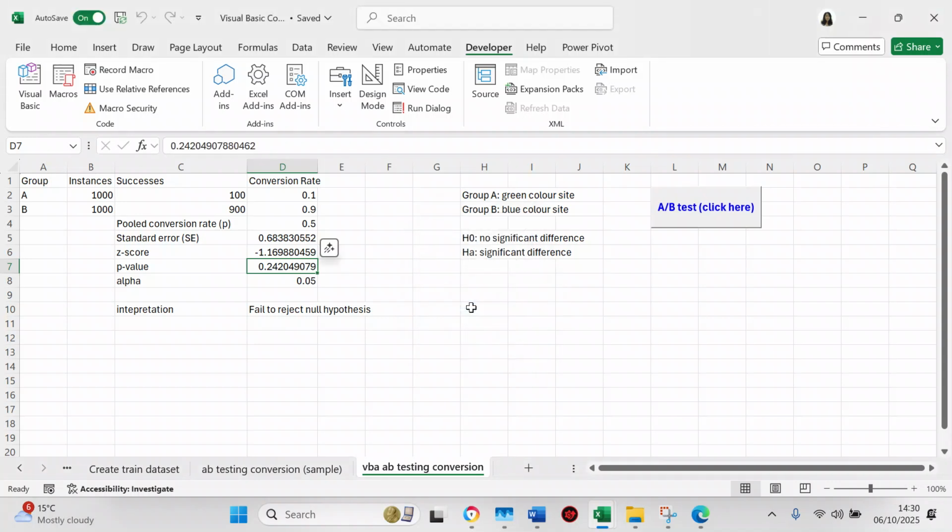And it still gives you a high p-value. It doesn't matter what you do.